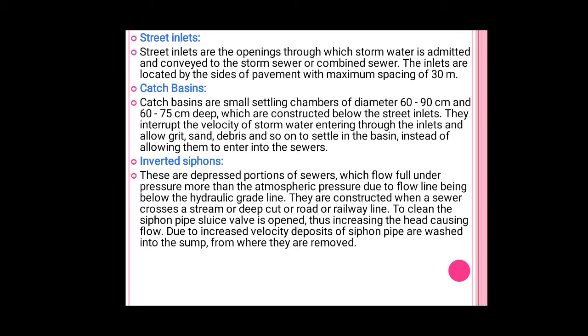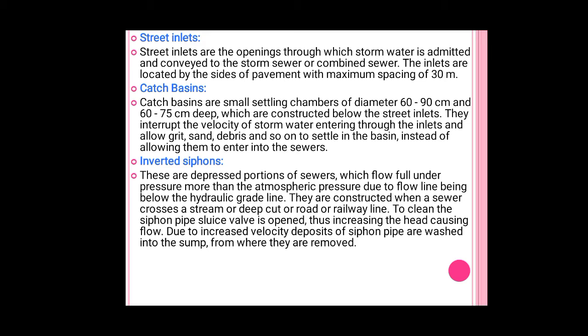The next one is the inverted siphons. These are the depressed portions of the sewer which flow full under pressure more than atmospheric pressure, due to the flow line being below the hydraulic grade line. They are constructed when a sewer crosses a stream, a deep cut, a road or a railway line.